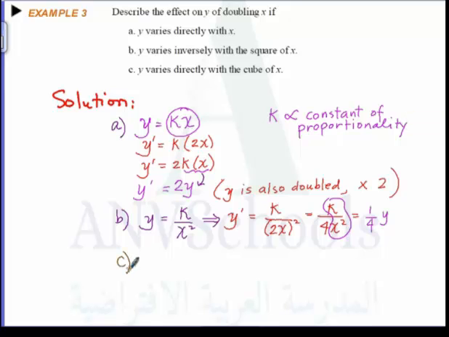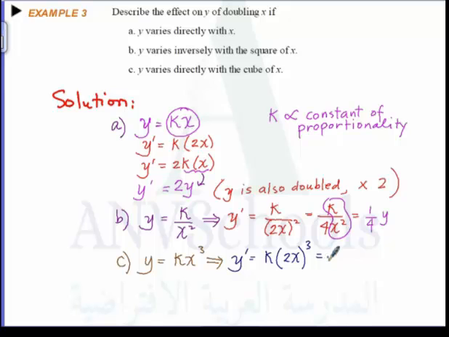Okay, letter C. y varies directly with the cube of x. So we have y equal to k x cubed. And what happens if we double our x? Then we will have y prime equal to k times (2x) cubed.